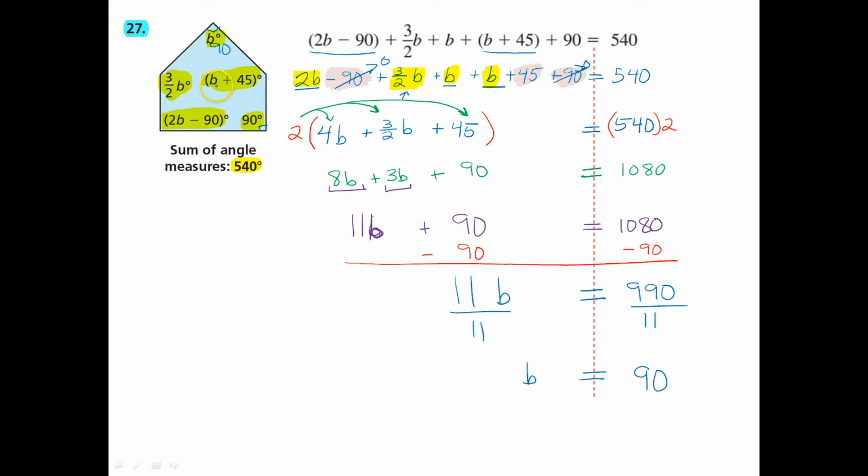Let's see, this is going to be 90 plus 45, which is 135 degrees. And then this one is 3 over 2 times 90.